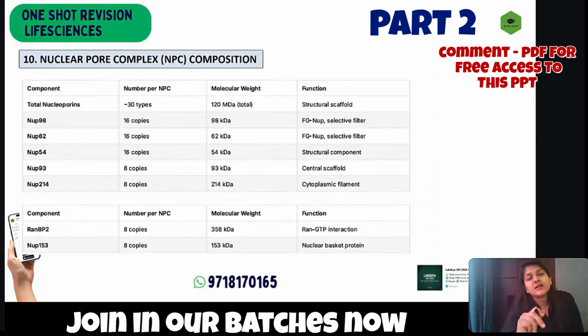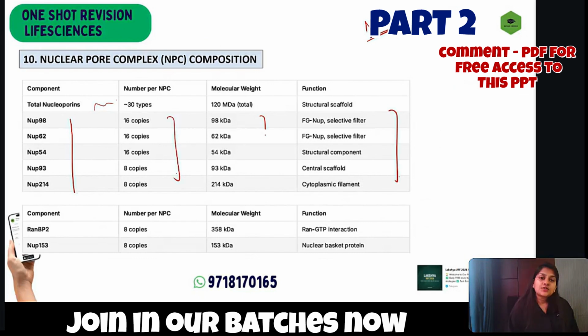See, even this particular slide is very important, where you have the nuclear pore complex composition. How many different nucleoporins are there, how many different NUPs are there, what role or function do they have, how many types, and what's the molecular weight of each can easily be asked.